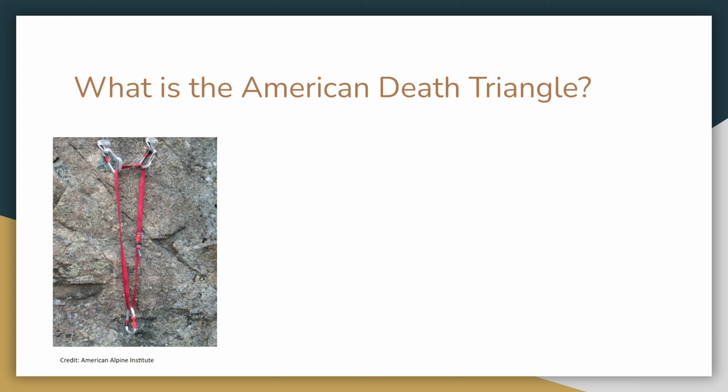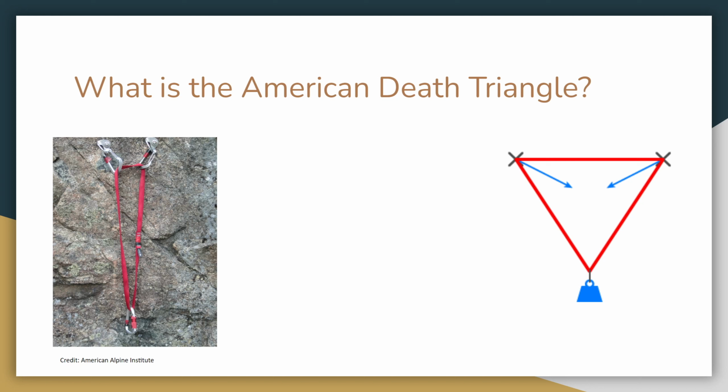But the problem that I'm talking about, which is the problem with all American Death Triangles, is the fact that the carabiners wind up forming this wide angle between them. And to give you a better idea, there's this other image that I've taken from the Wikipedia page about the American Death Triangle, where if you have this sling in red that is attaching to the carabiners, and then you have the weight at the very bottom, that would represent the downward force that is being caused by the weight of the climber plus the weight of the rope.